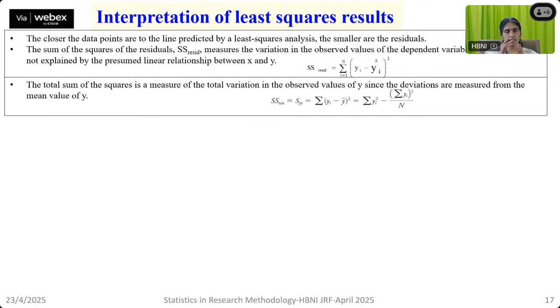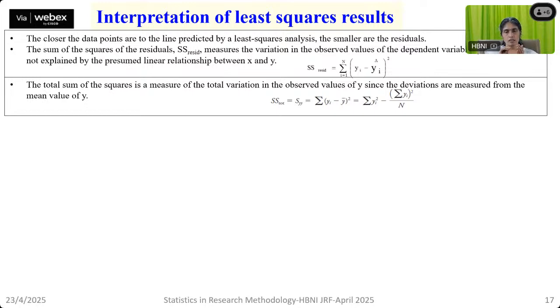When we do the least square fitting of any set of data points, you can see that the measured value will have some slight disagreement with the fitted value, as well as some difference between the individual measured value and the midpoint of the entire set of data. The disagreement between the measured value and the midpoint of the data is used to calculate the total sum of the squares.